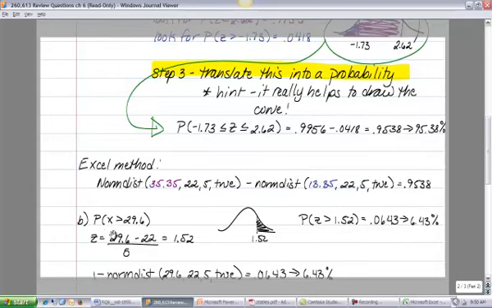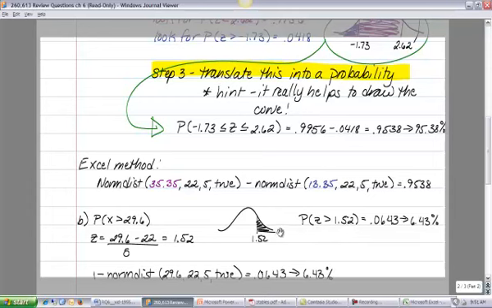So it's the same as saying the probability that z is greater than or equal to 1.52. How did I get that? My x is my 29.6, my mu is my 22, and my standard deviation sigma is 5. So the probability that x is greater than or equal to 29.6 miles per gallon is the same as the probability that z is greater than or equal to 1.52.